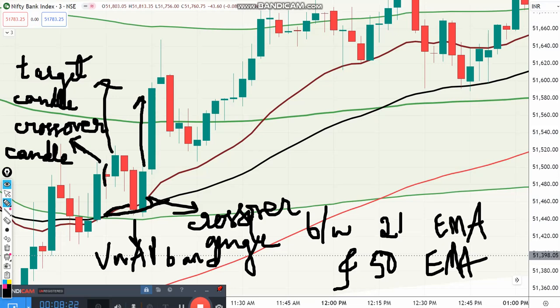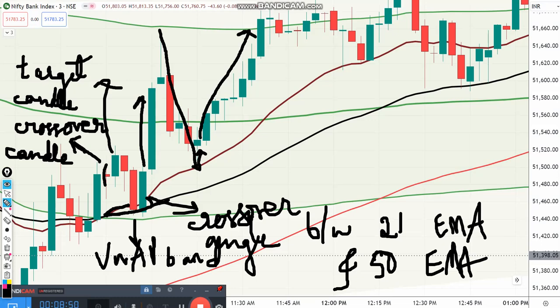There was one more candle after this point. After this point, I see that there was rejection from the VWAP band, and the market came back to 21 EMA again and received support from 21 EMA again. This time it went up to the VWAP band.